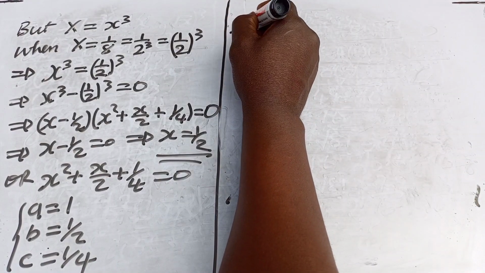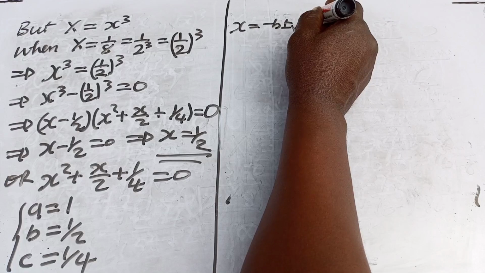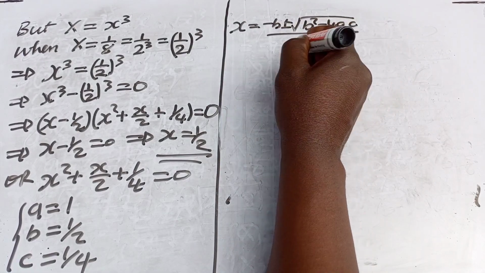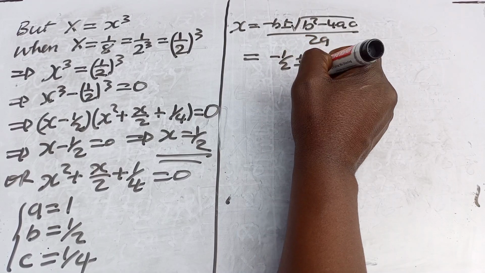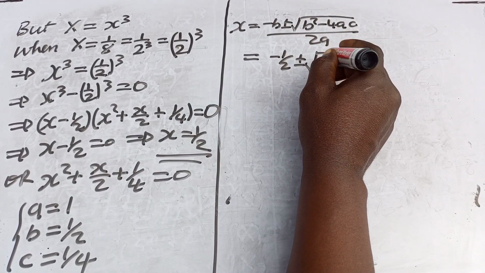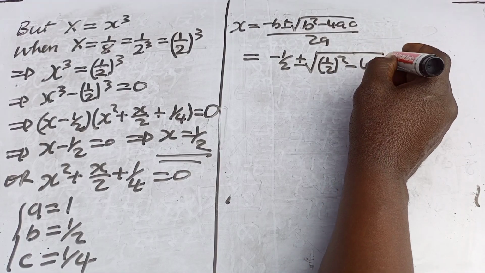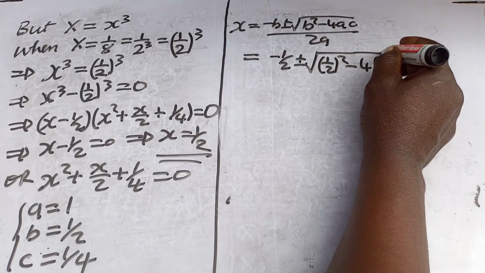So we have small x is equal to minus b plus minus the root of b squared minus 4ac all over 2a. This is going to give us minus a half plus minus the root of a half squared minus 4 into 1 into 1/4.